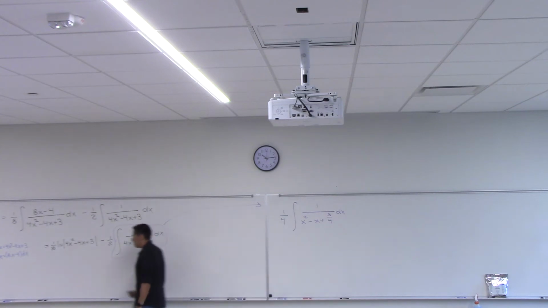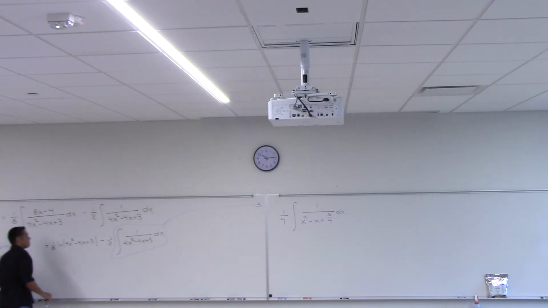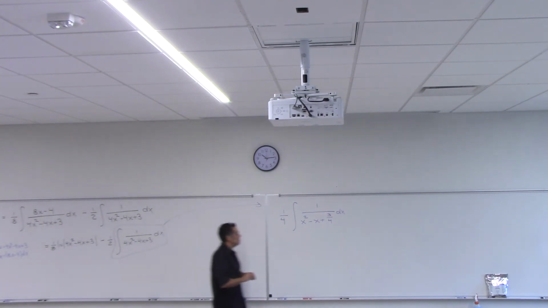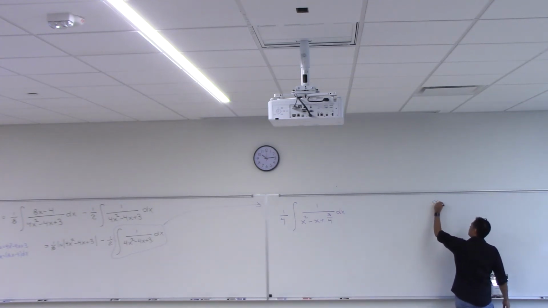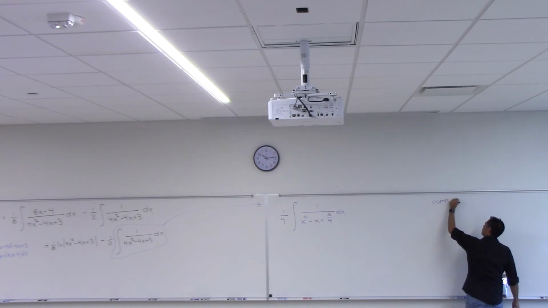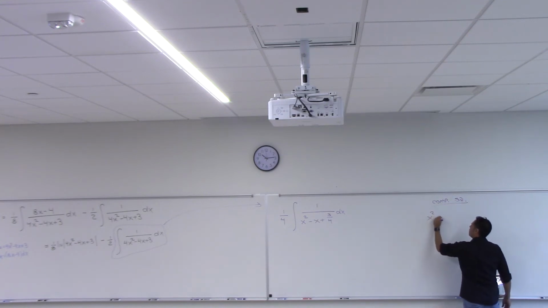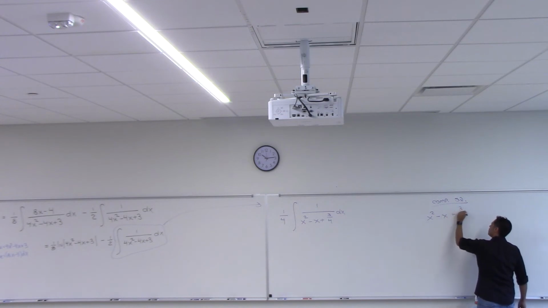You'll need to complete the square, yeah? Let's do that on the side. You're going to have fractions. I'm completing the square on x squared minus x plus 3/4.